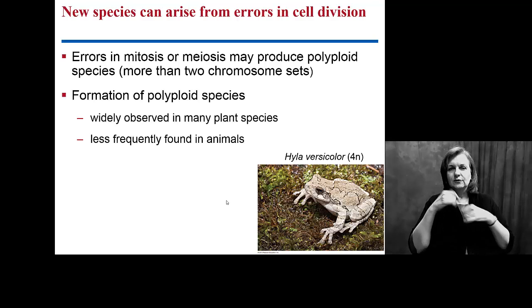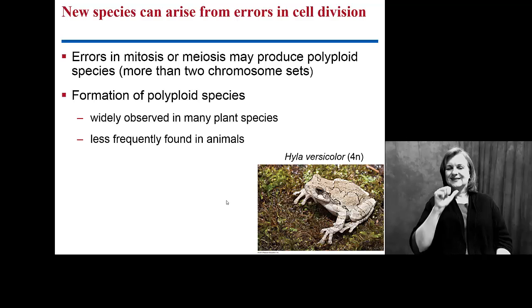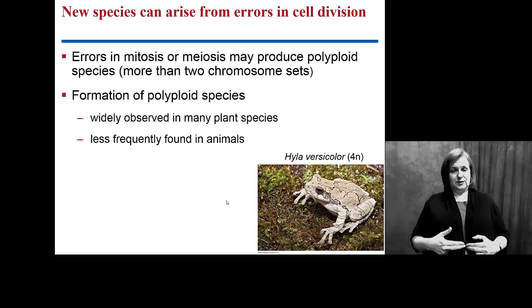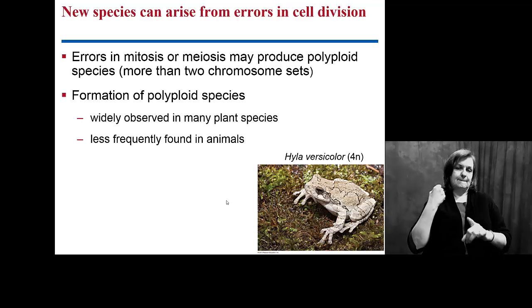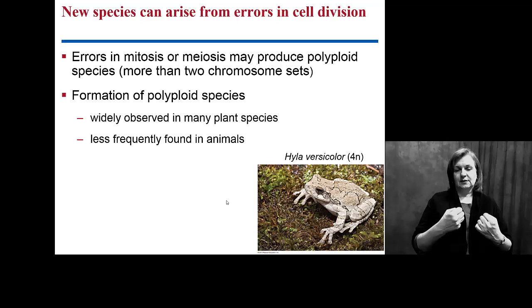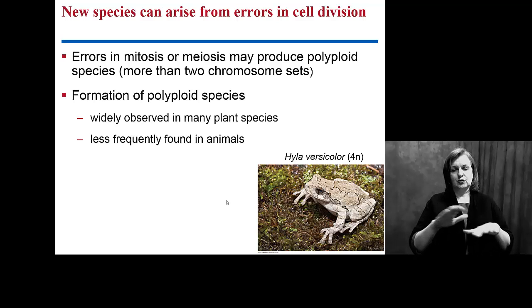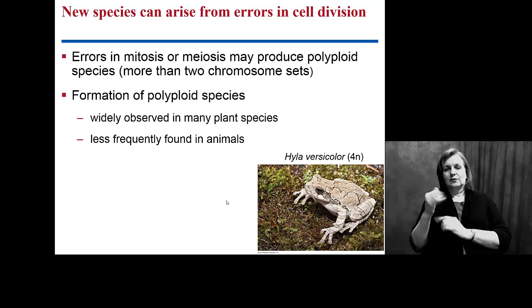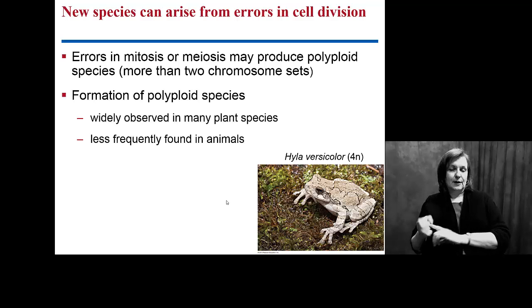Errors in meiosis are not necessarily the worst thing ever. We look at them in humans as being significantly impactful on human health, particularly in offspring as the parents get older or are exposed to environmental conditions and so on.